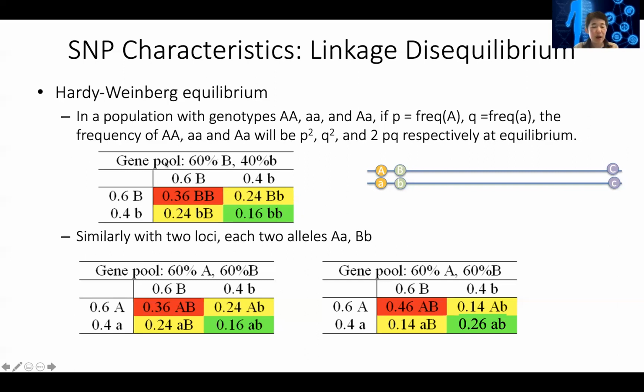For example, a very simple case: we look at a population at a single locus. Say this position can be AA, or the small a means that it's the minor allele. Minor allele means it appears in less than 50% of your population, the minority.